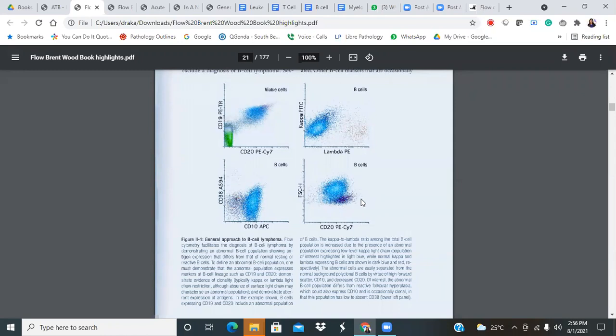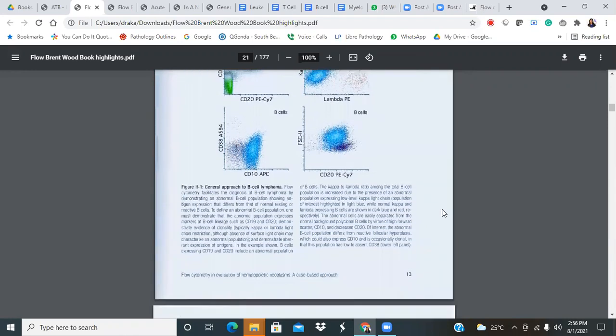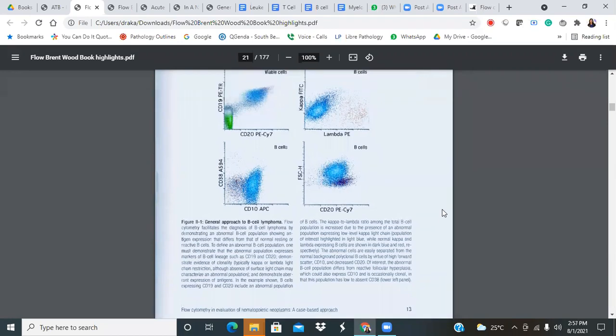But at the same time, the forward scatter sometimes helps you. The forward scatter in DLBCL will definitely be higher, and also the side scatter will definitely be higher than in the follicular lymphoma cells. So that's something that helps you. And when we have those kinds of higher forward scatter cells, we mention that.